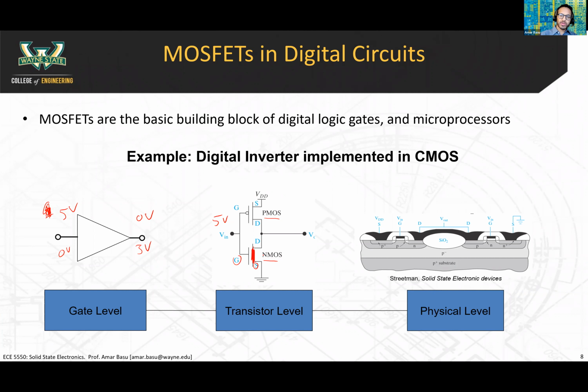So it allows current flow between the drain and the source. That means whatever voltage is here will end up being reflected here. So the output is low. The output is 0 volts, ground.